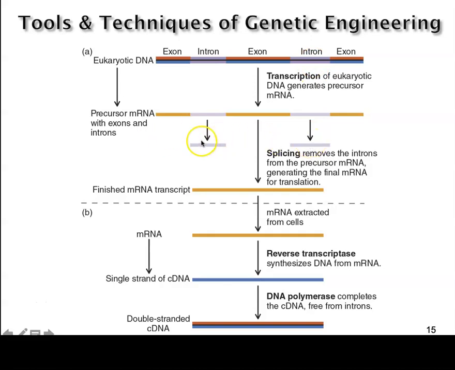Those are removed, and only the exons make up the final product here. And then look at this. We can use reverse transcriptase to take that RNA and make a copy, and then do it again and get a second copy. So it's double-stranded now, using just the regular DNA polymerase.